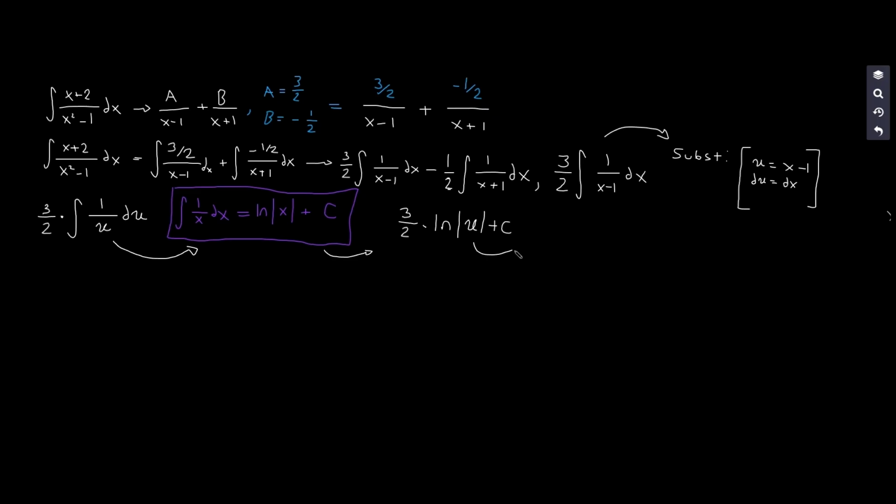And then we have to back substitute, which basically means I'm just going to put back what we set u to. We had set u to x minus 1, so this is going to be 3/2 times the natural logarithm of x minus 1 plus c. And so that's going to be the first integral.